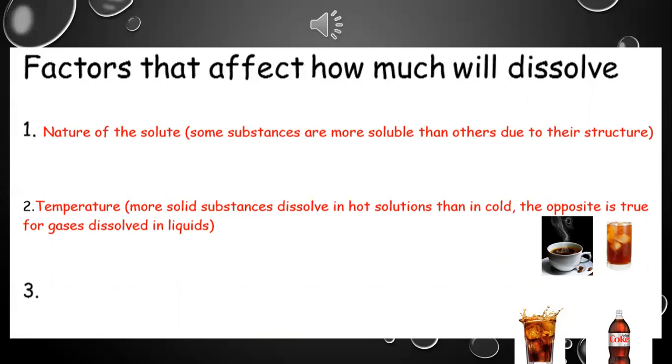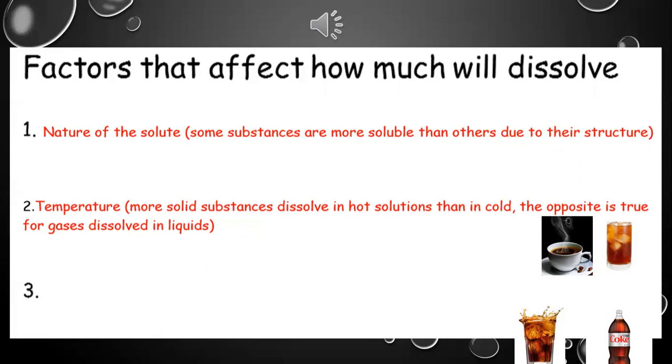And that's probably just intuitive to you. When you think about having like iced tea, oftentimes it's hard to get that sugar that you put in to dissolve. That's simply because of the temperature. So the warmer we are for our solutions, the more solute that are solids will dissolve in those solutions.